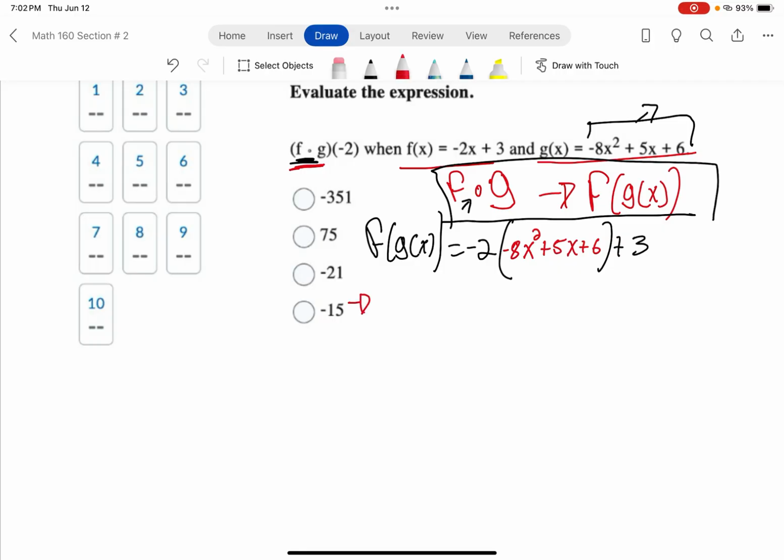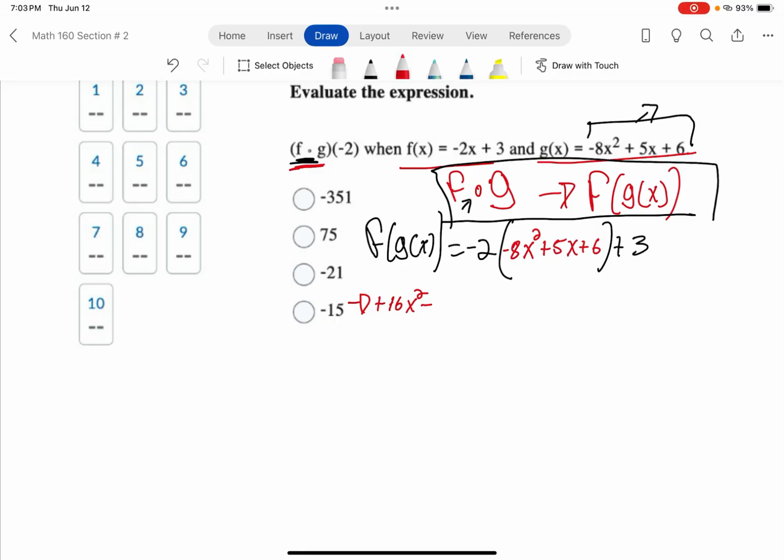Minus 2 times minus 8 x squared will be positive 16 x squared, because minus times minus is positive.